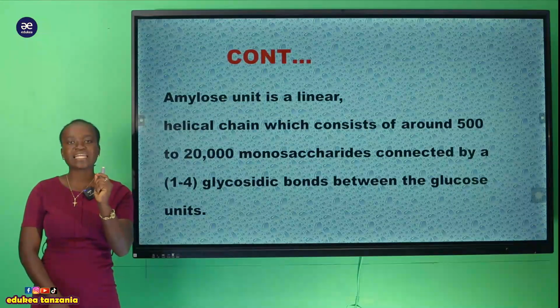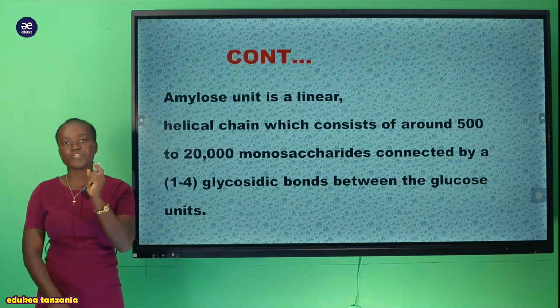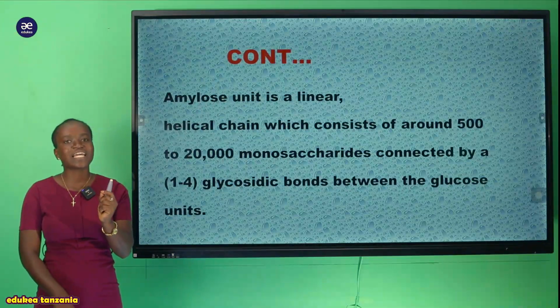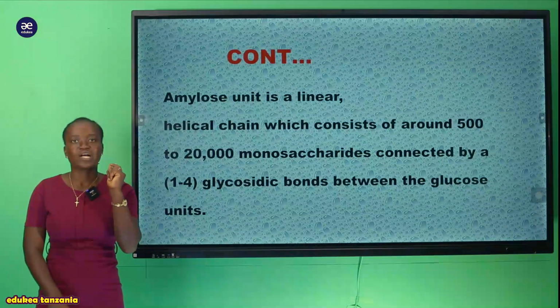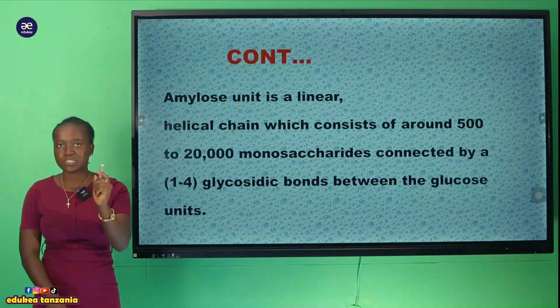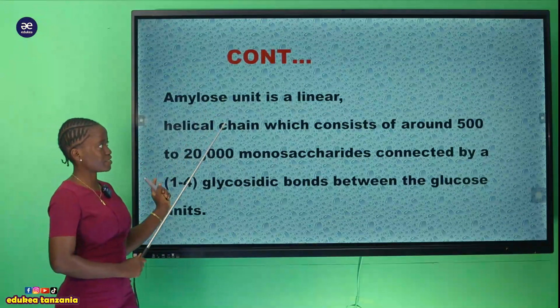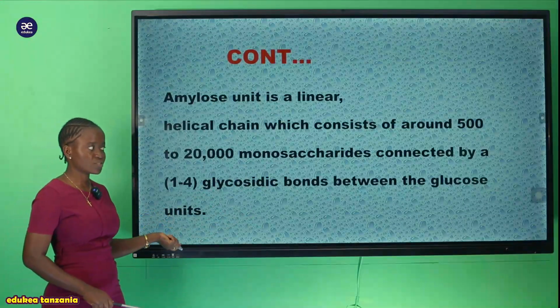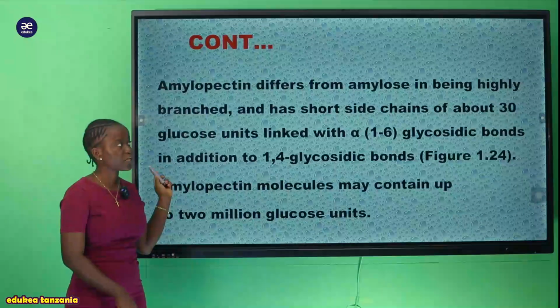Kwa glucose zaidi ya 500 au hadi 20,000 ndizo ambazo zimetengeneza the first component of starch ambayo tunaita amylose, ambayo pia inatengenezwa by 1,4 glycosidic bond of a glucose.